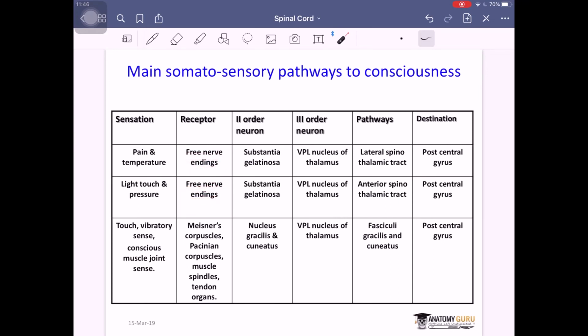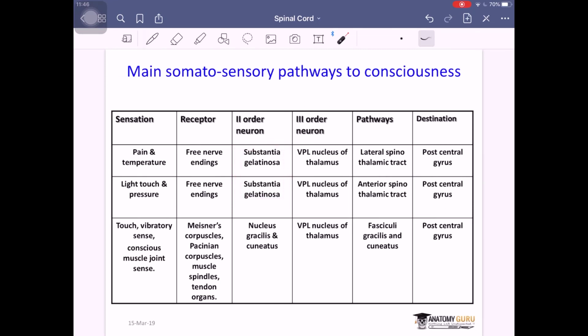So they all start as free nerve endings. This also starts as a free nerve ending because it's pain, temperature and crude touch, whereas here pressure, Meissner corpuscles, Pacinian corpuscle pressure, and then your vibration, Meissner corpuscles, muscle spindle and your tendon organ for your proprioception. You see these are all the receptors which are there. And this is going to the second order neuron for both of these in your lamina 4 to 6.